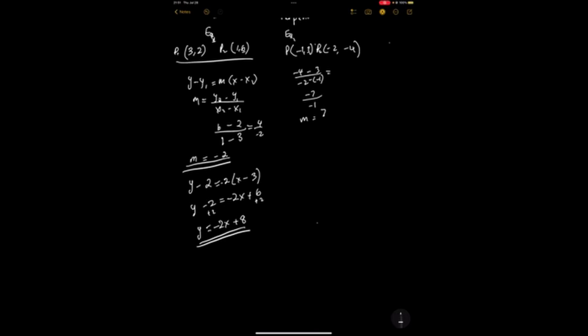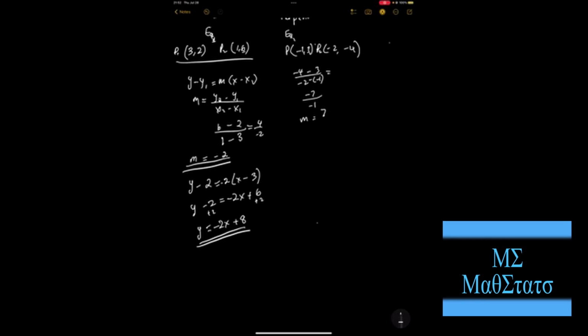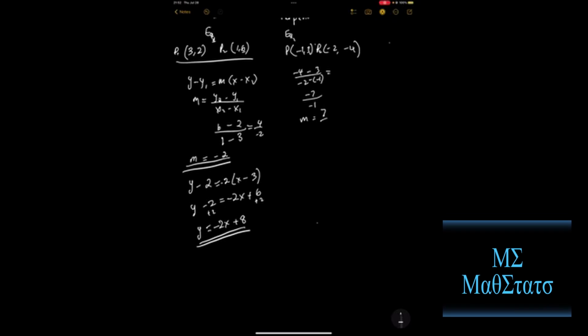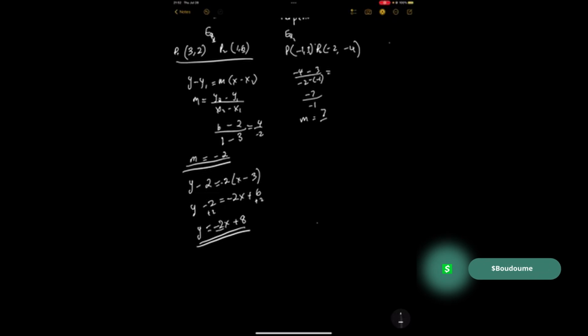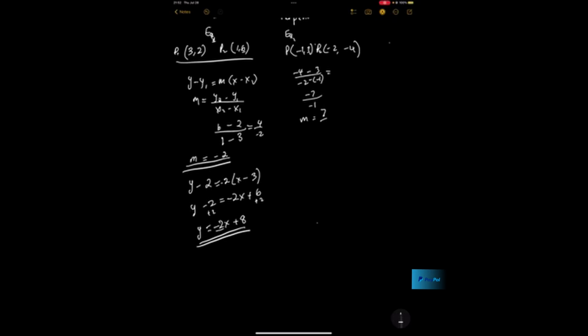Well, that already tells you the lines are neither perpendicular nor parallel. Why? Because the slope is 7 here and the slope here is -2. So I don't even need to continue to already know that those two lines are not perpendicular and not parallel.